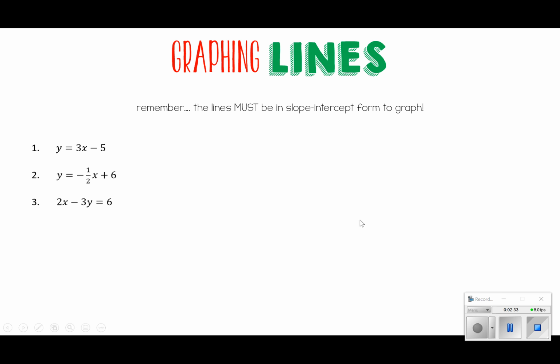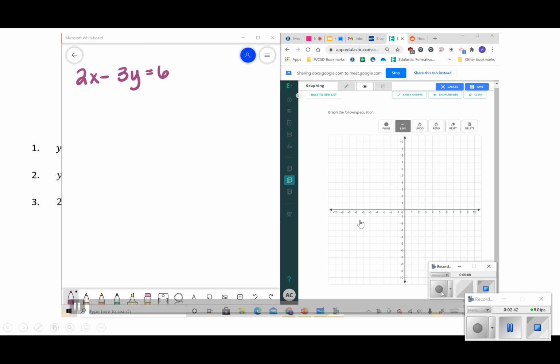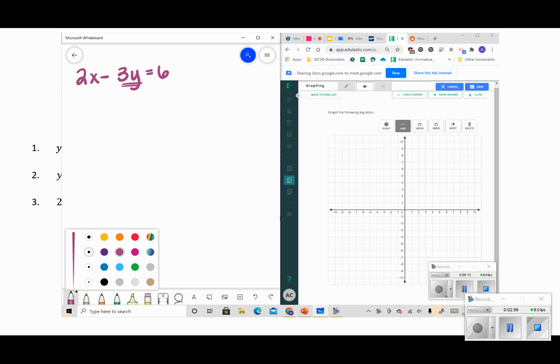Okay, what happens if it's not in slope-intercept form? You have to convert it. So for this one, we have to get y by itself. So if we cover it up, we have this 2x. So I'm going to need to subtract 2x from both sides.